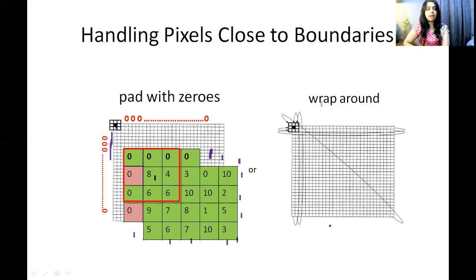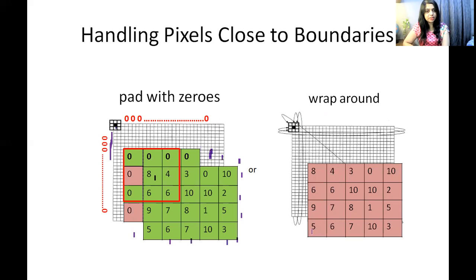The second process is wraparound. In wraparound, suppose this is the same image, then we put this 5 6 7 10 3 on this side like this. So here it will be 10, here it will be 3. Or you can put this 8 4 3 0 10 on this side. Similarly, you can put this 10 2 5 3 on this side like this.